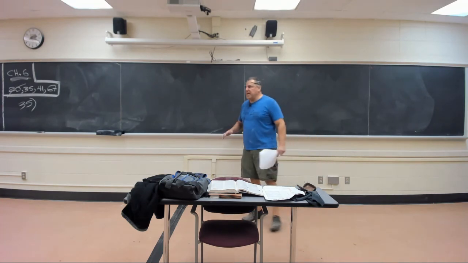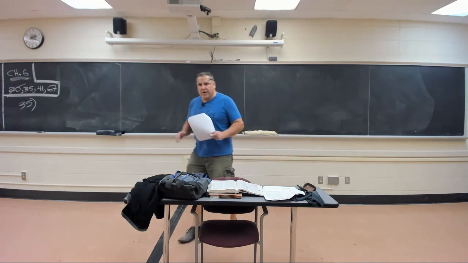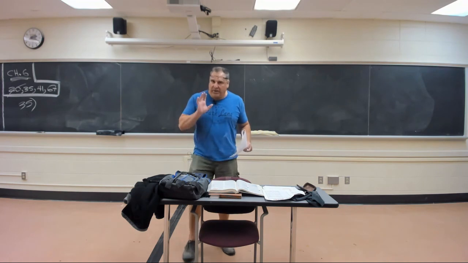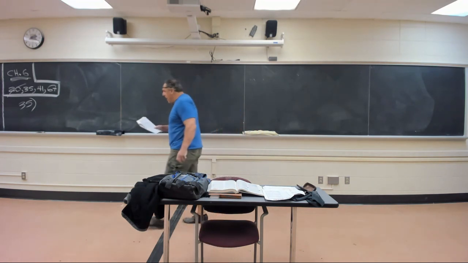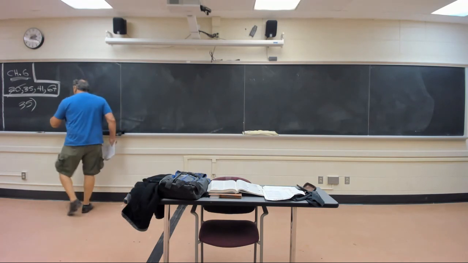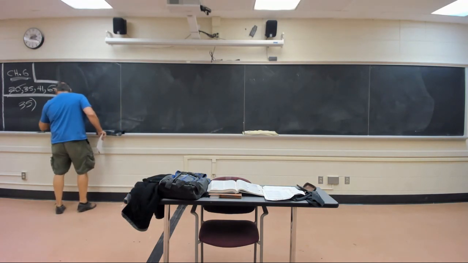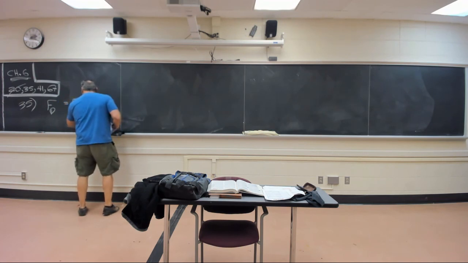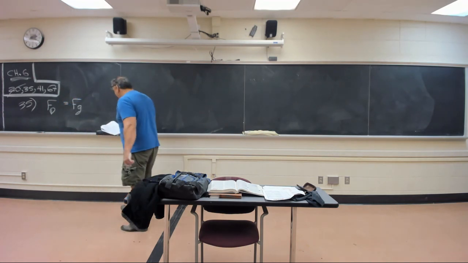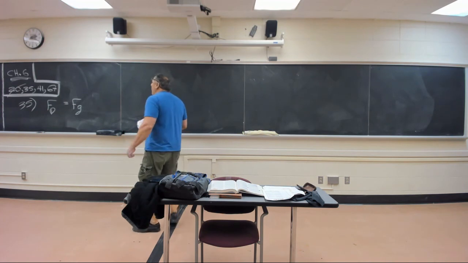If there's a terminal speed, there's no acceleration taking place. No speeding up, no slowing down. Terminal speed. The forces are balanced. What does that mean? That means the drag force, F sub d in terms of magnitude, is equal to the force associated with gravity. They are equal.